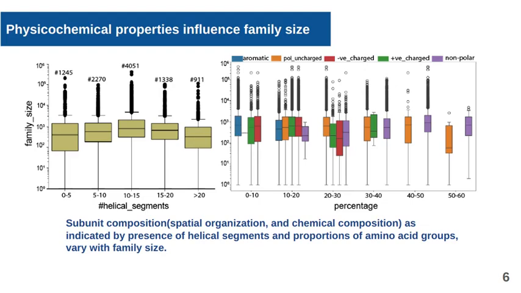Similarly, when we look at the proportions of different amino acid groups, we observe that the proteins with the highest non-polar amino acid residues are the most evolvable. When we look at other amino acids, such as aromatic amino acids or positively or negatively charged amino acids, we see that with increasing proportions of those kinds of amino acids, the family size decreases.